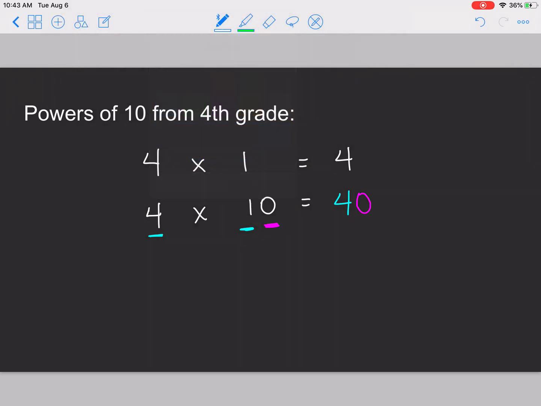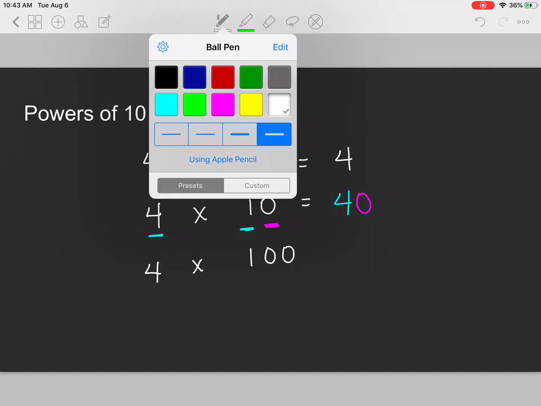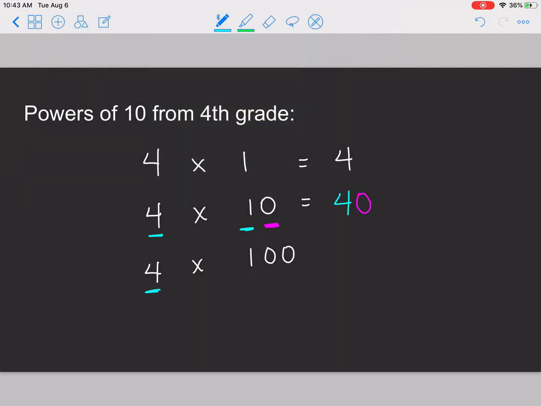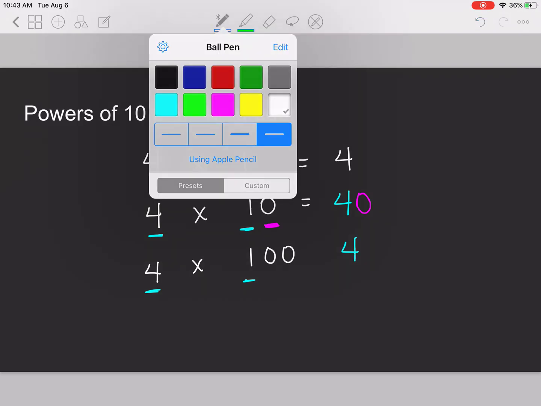Now if we go back, keep the 4, but this time we're going to multiply by 100. So again, we're keeping the 4 times the 1. It's going to give us the 4.